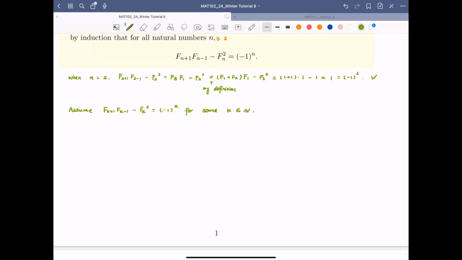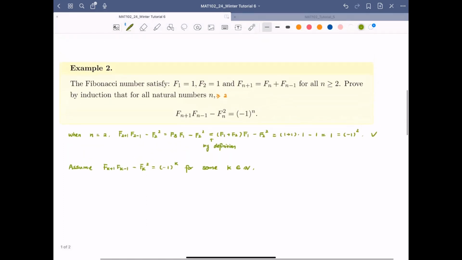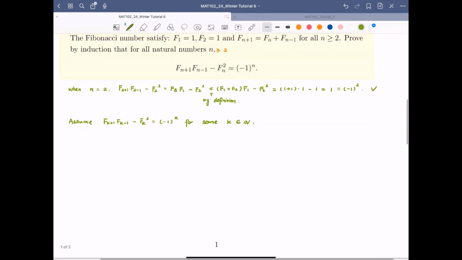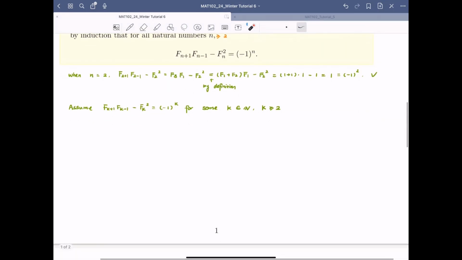Am I done? Yes, k greater than or equal to 2, that's correct. k has to be greater than or equal to 2. It cannot be 1 here. Otherwise, it's not defined. If it's 1, you'll have 1 minus 1, which is f0, and f0 is not defined. So k has to be greater than or equal to 2.